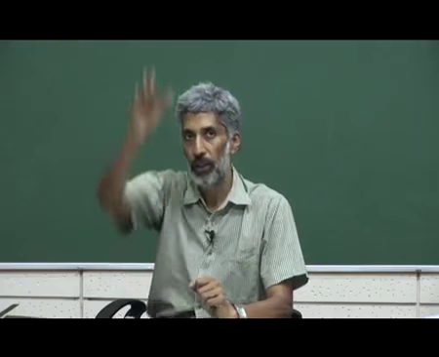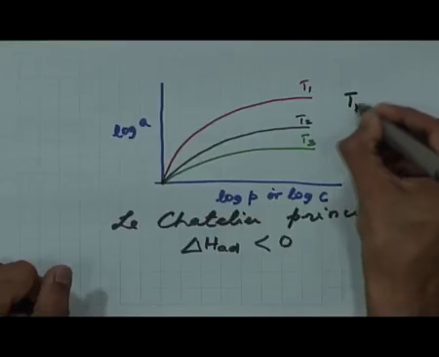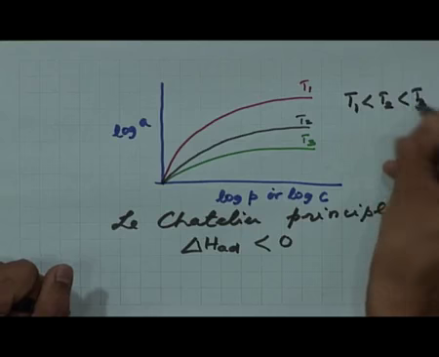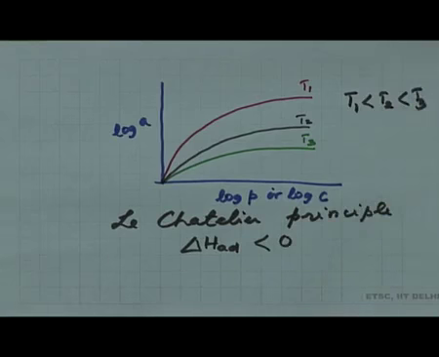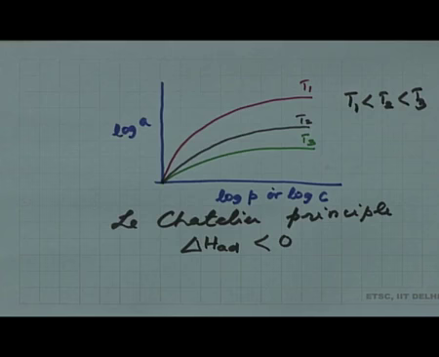You expect to see that this equilibrium will go down. So, this means that T1 is less than T2 is less than T3. That is, as you increase the temperature, the amount of gas that gets adsorbed will decrease.